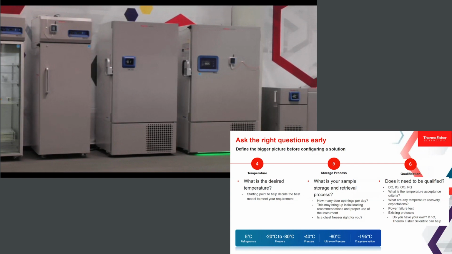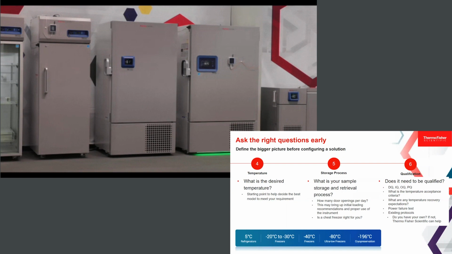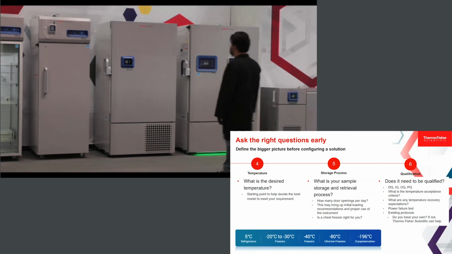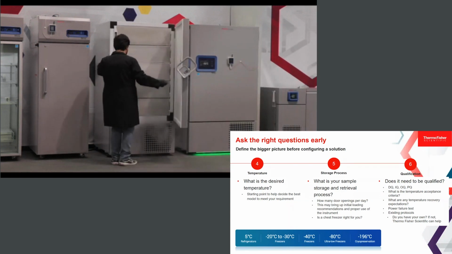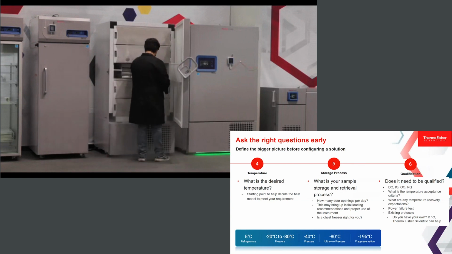Next, you're talking about storage process. When we think about these units, they're not always just sitting there with the door closed, at temperature, right? People are in and out of them. People are using them, right? They're storing their samples in. There's Danny. He's in there retrieving his samples several times a day, perhaps. If you have a very busy lab, you might be in more than several times a day.